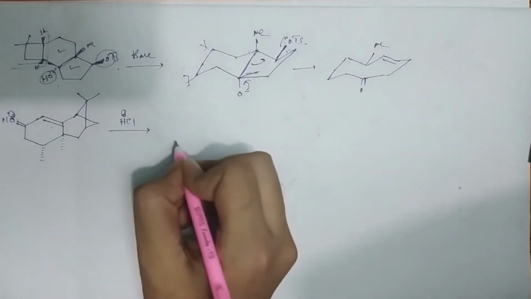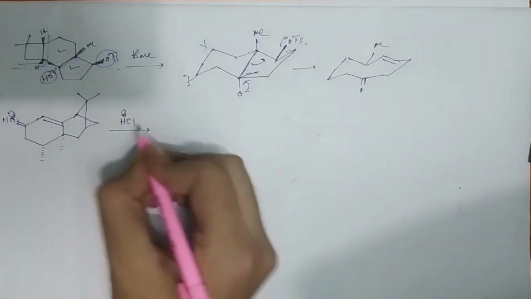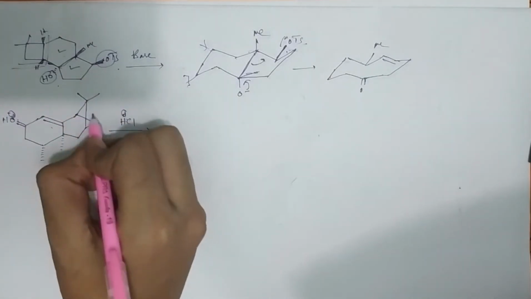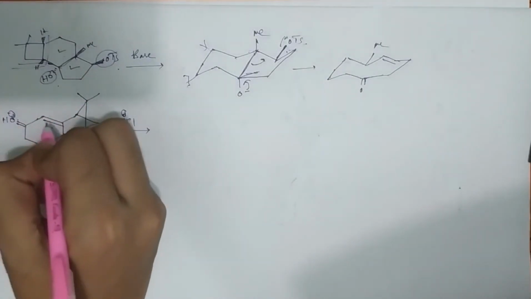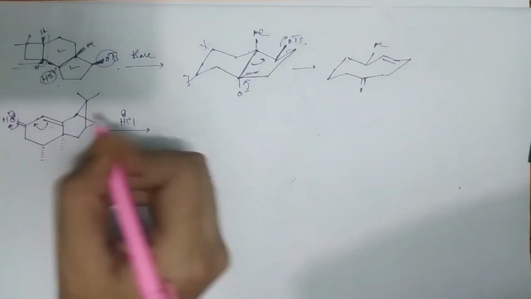Okay, so what happens here, there are two bridgeheads. One of these bridgeheads, because there are some possibilities, because at first this double bond can be moved in this way.